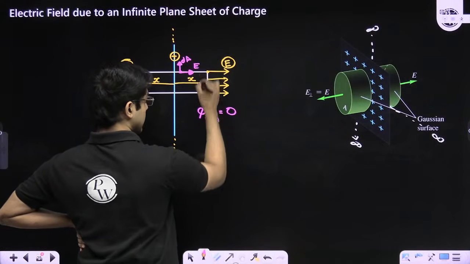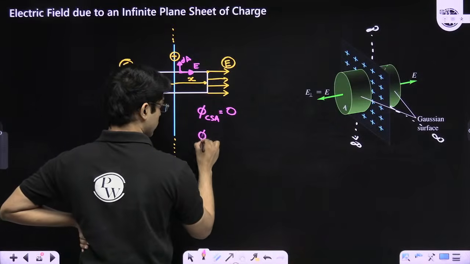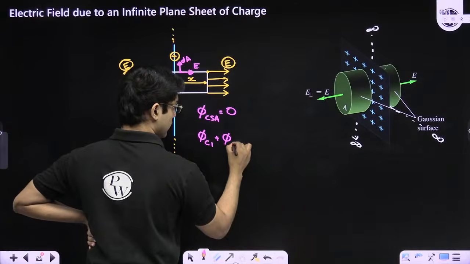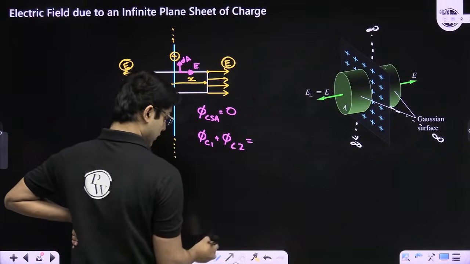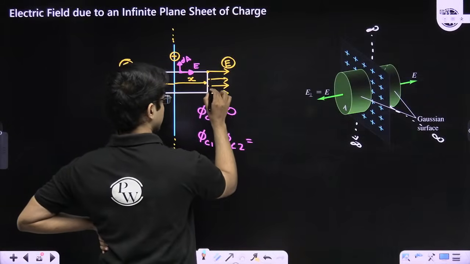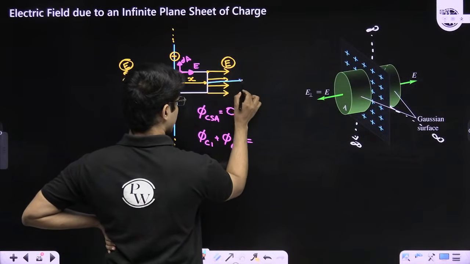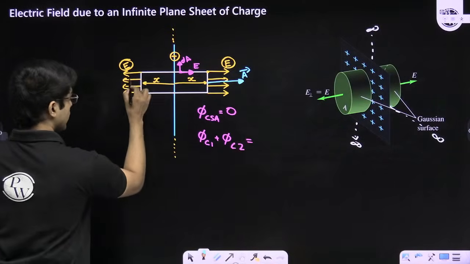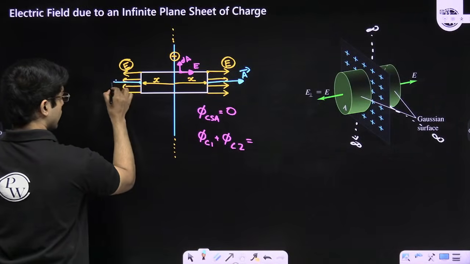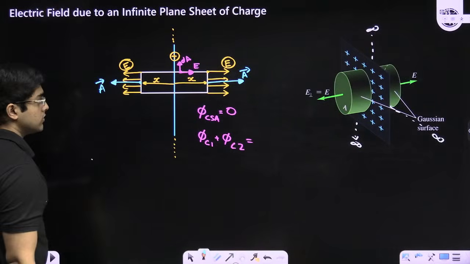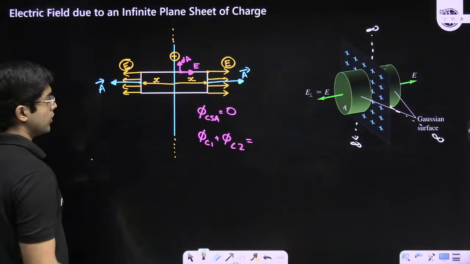We have to calculate the flux through circle 1 plus the flux through circle 2. As I discussed earlier, we have to take the outward normal as the area vector, which means away from the cylinder, not inside.